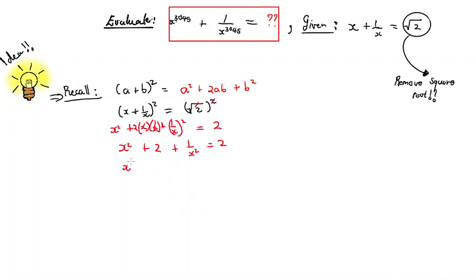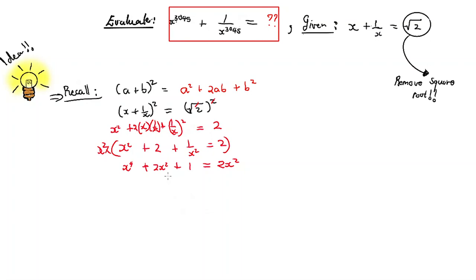I will get x raised to exponent 4 plus 2x squared plus 1, because the LCM cancels out this x squared, equal to 2x squared.